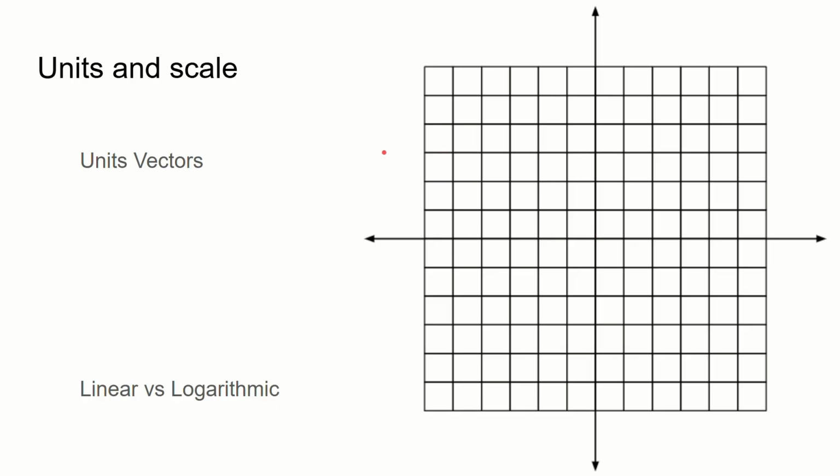So for example, 2 to the x would just be a straight line in a log plot.